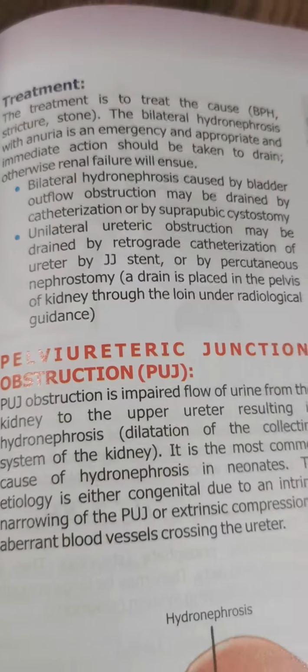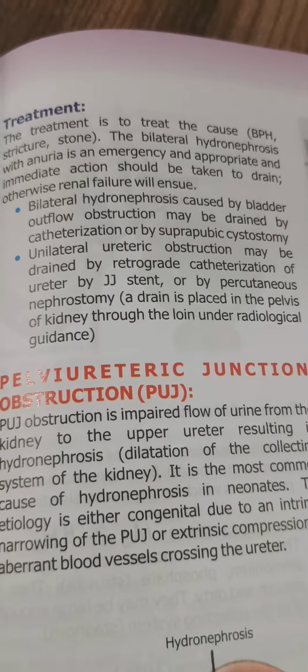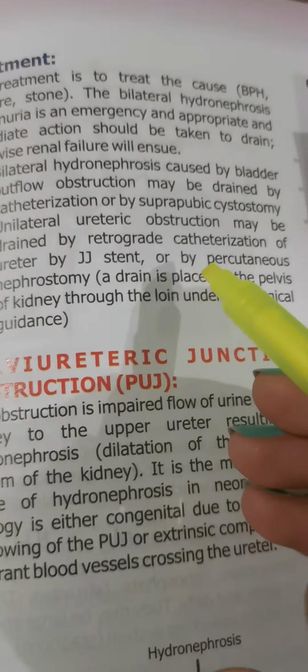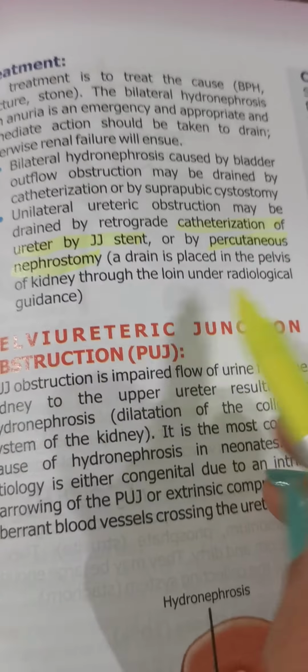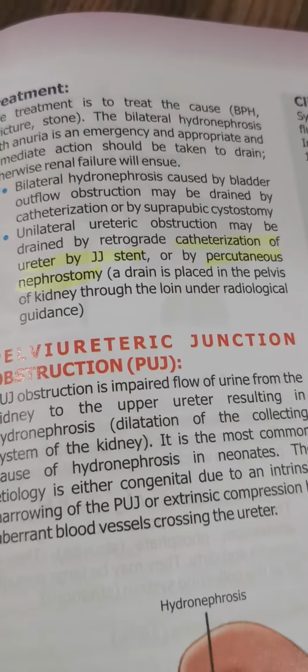Okay, so we see two things here. First of all, catheterization by double J stent and percutaneous nephrostomy. So yeah, that's two things.